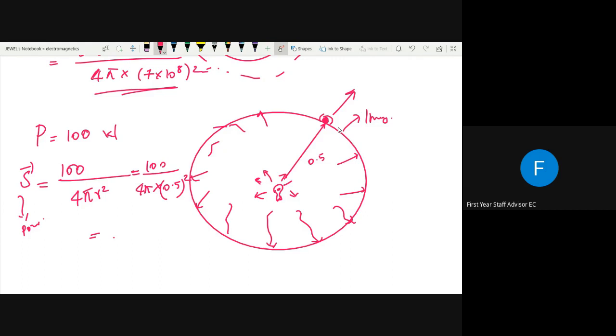Power density means the amount of power passing through unit area. So the power density at this point is given by the total power originating from the point source divided by the total surface area, which is spherical. So what is the surface area of such a sphere? This is how you find the value of a Poynting vector.